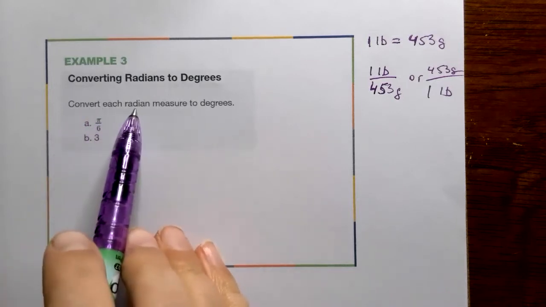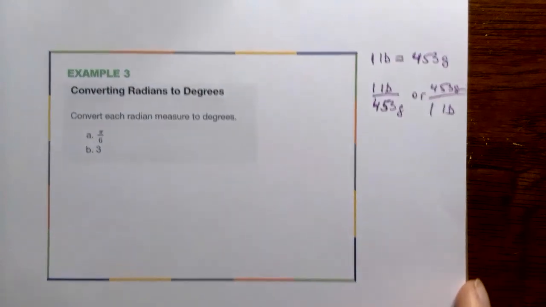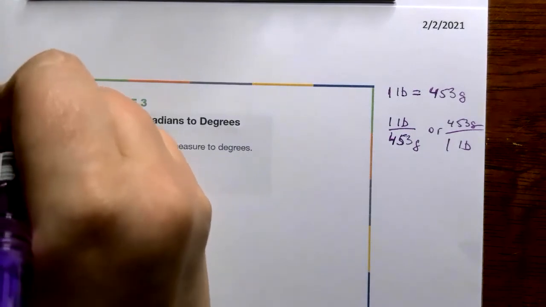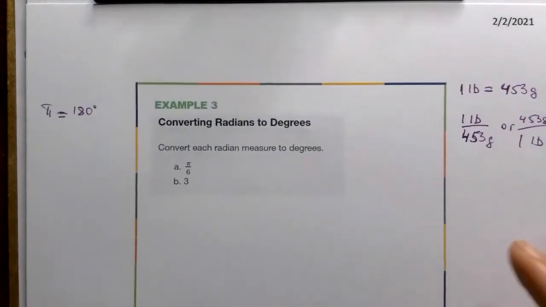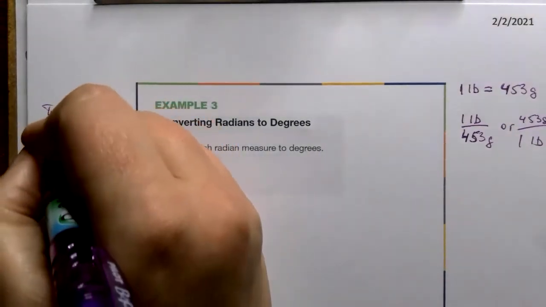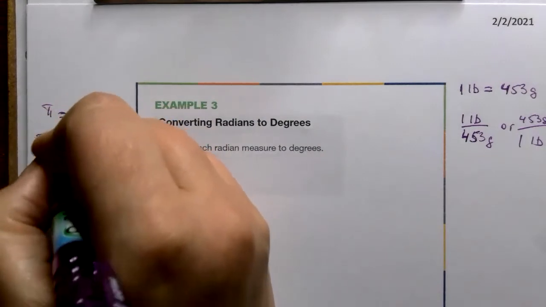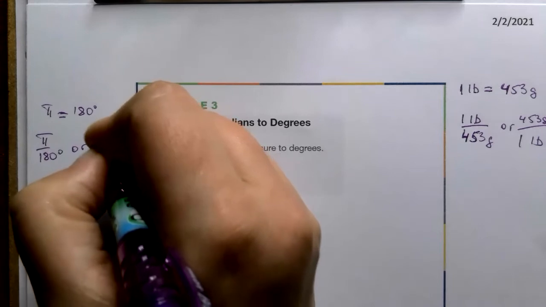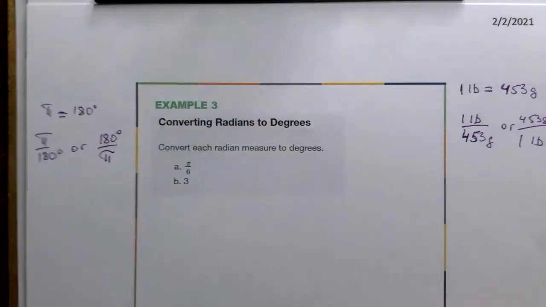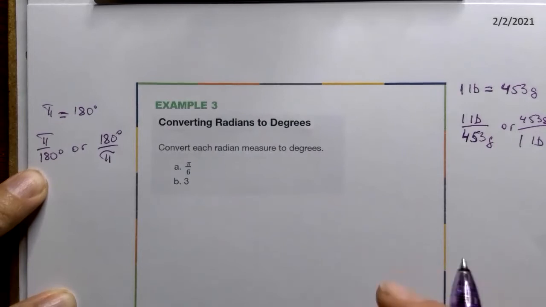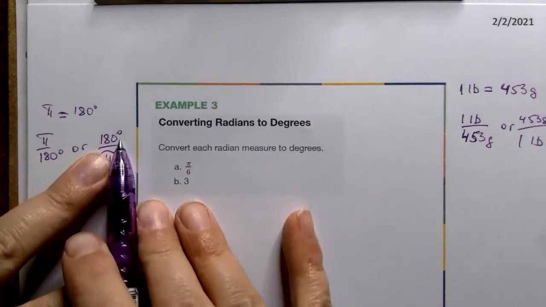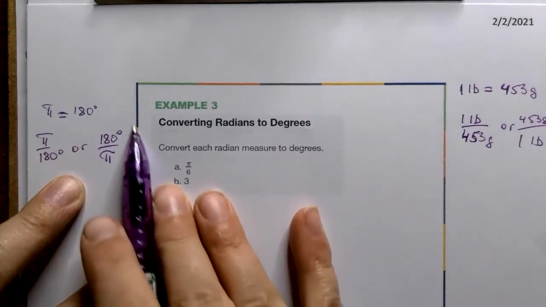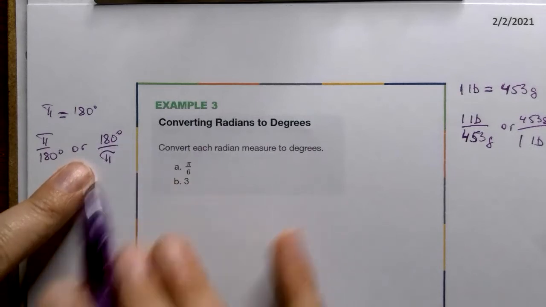Okay, so here, let's apply it to our situation. Here we're converting radians to degrees, and we know that pi equals 180 degrees, right? So the unity fractions would be either pi divided by 180 degrees or 180 degrees divided by pi. Which one of these? Well, we are converting radians to degrees, so we want the degrees to be in the numerator. So we're going to choose this unity fraction.